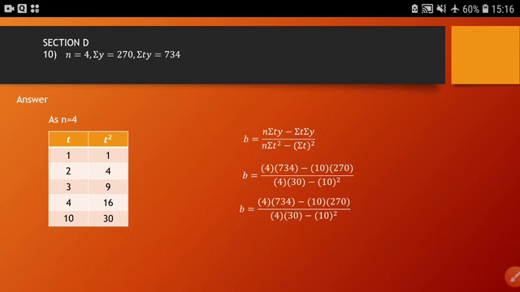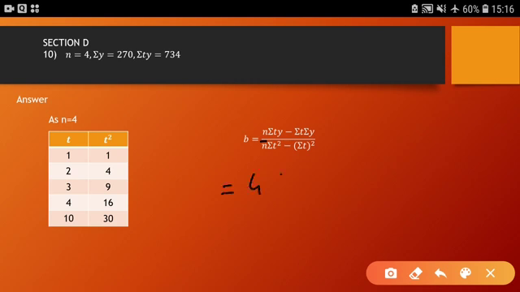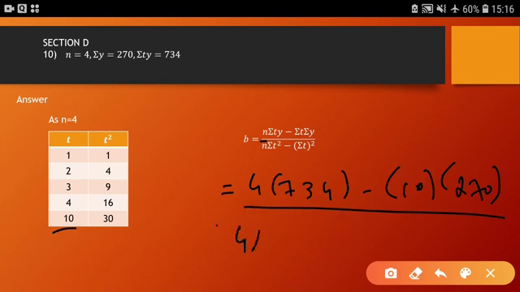See, now you can see the things. n is 4, sigma ty is 734, sigma t is the total of t, sigma y is given in the question, n sigma t square is here, minus sigma t whole square.